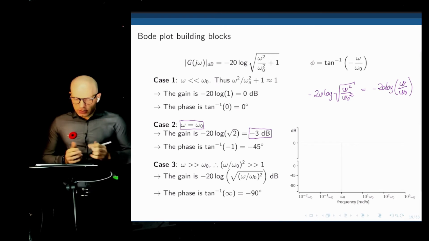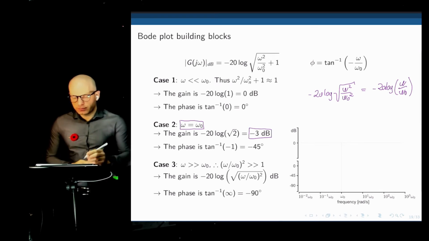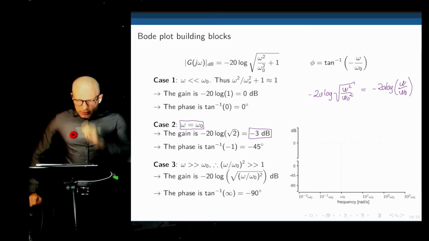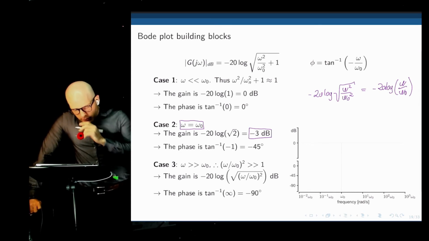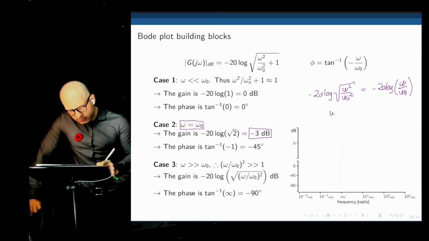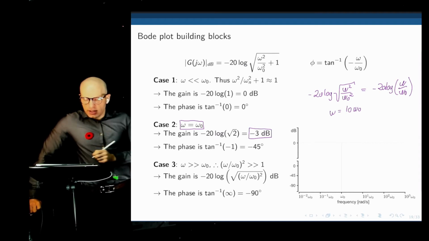And the phase is now the opposite, the phase of a very large number, and that is negative 90 degrees. So let's see again what we have here. If we're now evaluating the system at a frequency that is 10 times greater than the cutoff frequency, omega equals 10 omega 0, what is the magnitude?